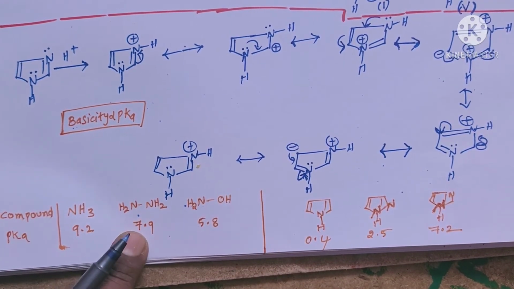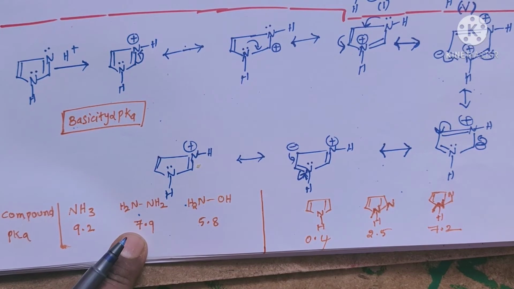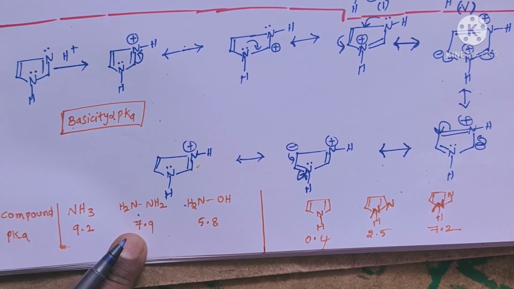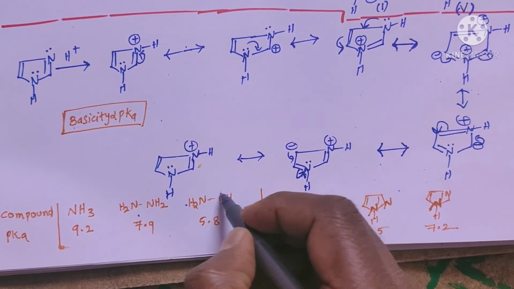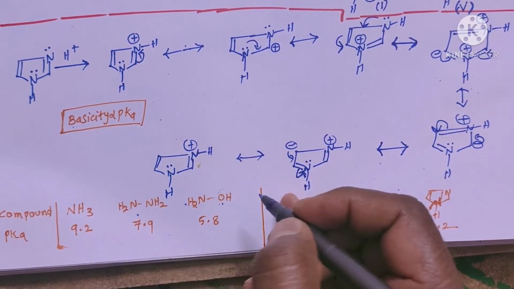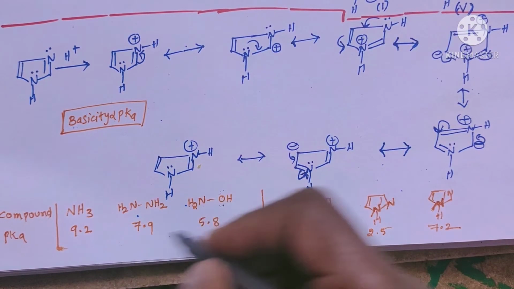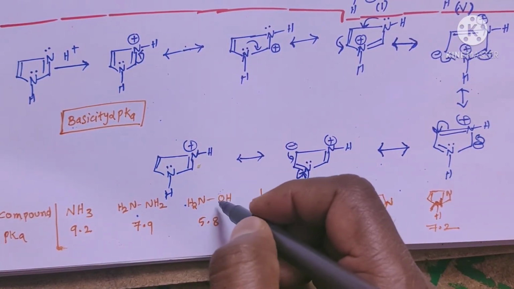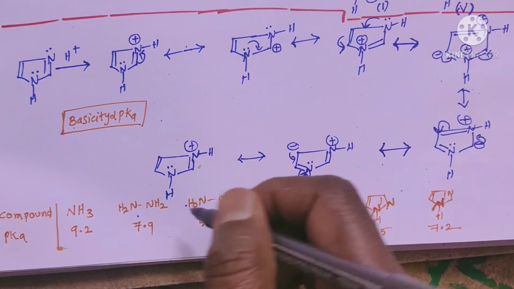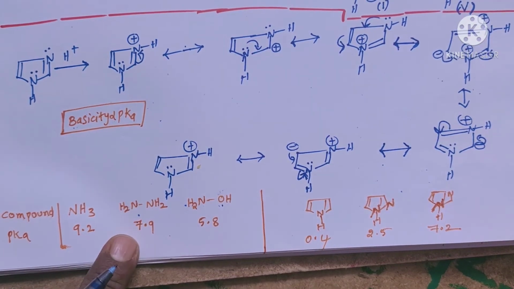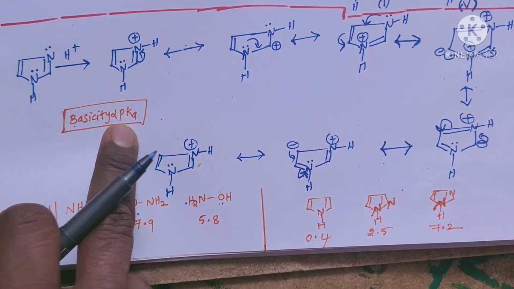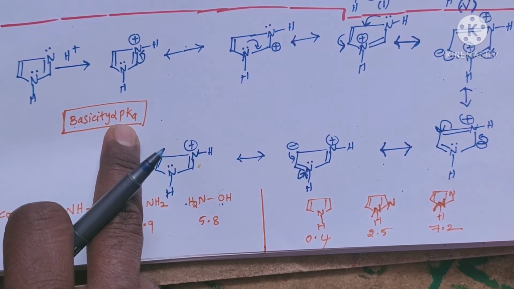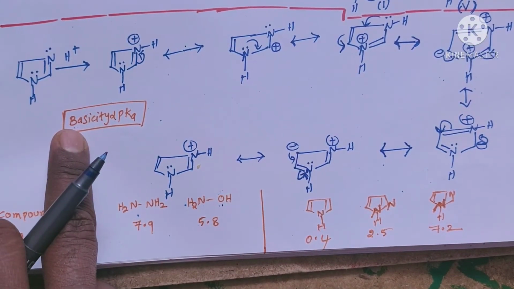As a result, the basicity decreases. That means pKa decreases. And in hydroxylamine, oxygen is more electronegative than nitrogen. As a result, the pKa value of hydroxylamine is still less than the pKa value of hydrazine. So pKa value is directly proportional to the basicity.